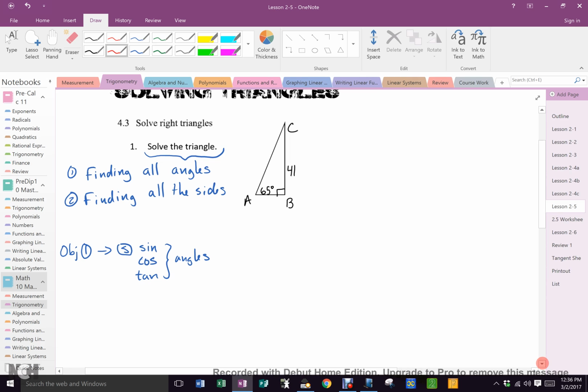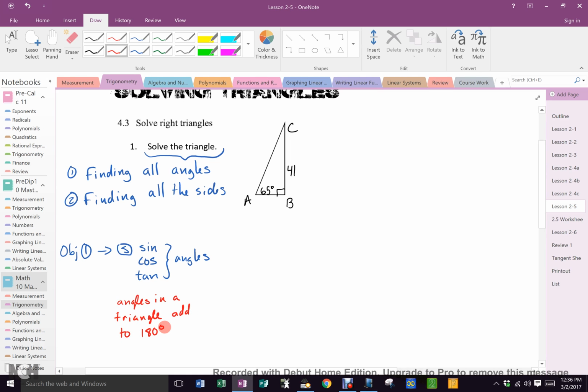What is another way that allows you to find angles? What do you know about the angles in a triangle? They add up to something. Right. Angles in a triangle add to 180.